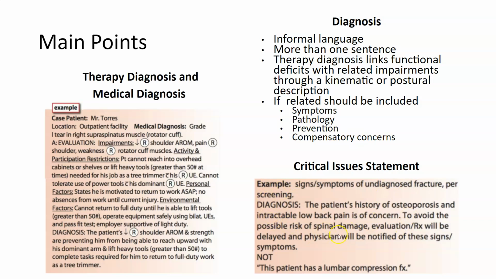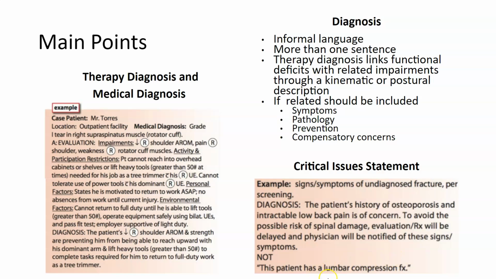And so if there is something that we need to send out, we would do a critical issue statement in there that basically states that based on our examination, there is a possibility of something more substantial going on.